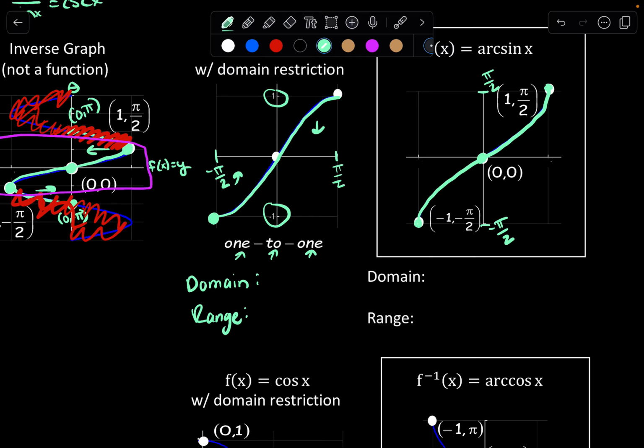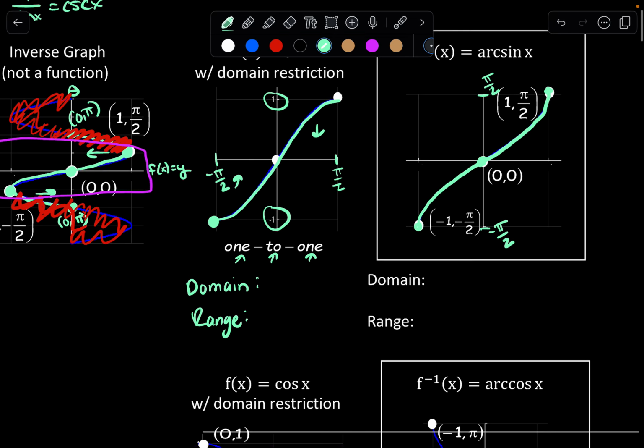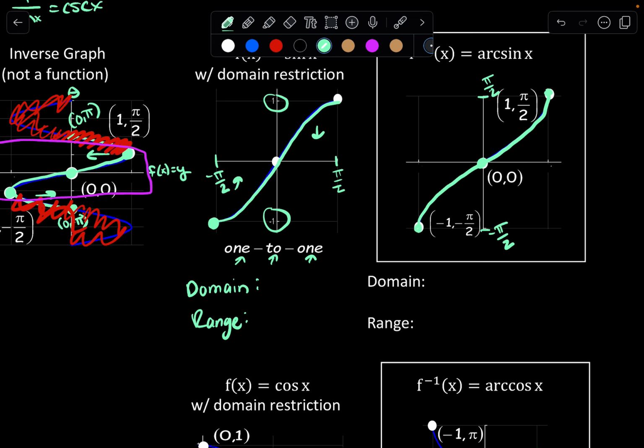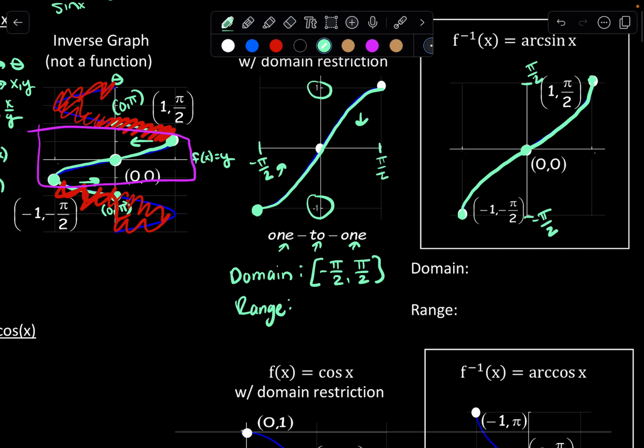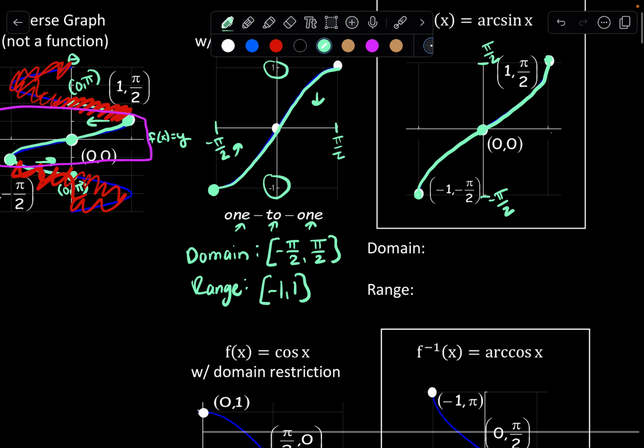So the domain for sine of x is usually all real numbers, but with this restriction, it is now going to be negative pi over 2 to pi over 2. And I'm using the restriction that I had on my inverse sine. And then the range is going to be negative 1 to 1. That didn't change. The range for sine is negative 1 to 1 anyway.